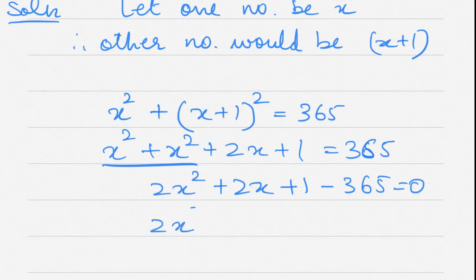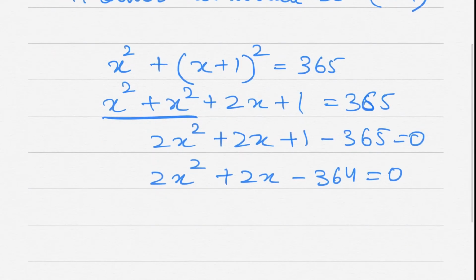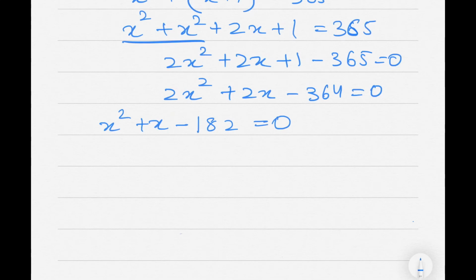I have 2x square plus 2x minus 364 is equal to 0, and now I can take 2 common. So if I take 2 common and take it to that side, so x square plus x minus 182 is equal to 0. Okay, so we have got a quadratic equation here.